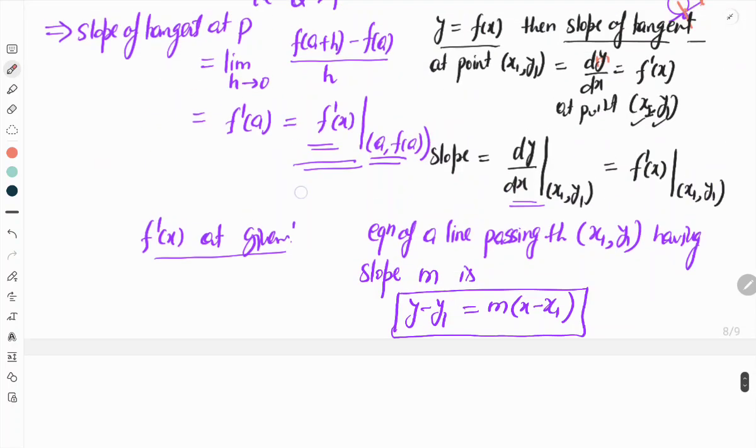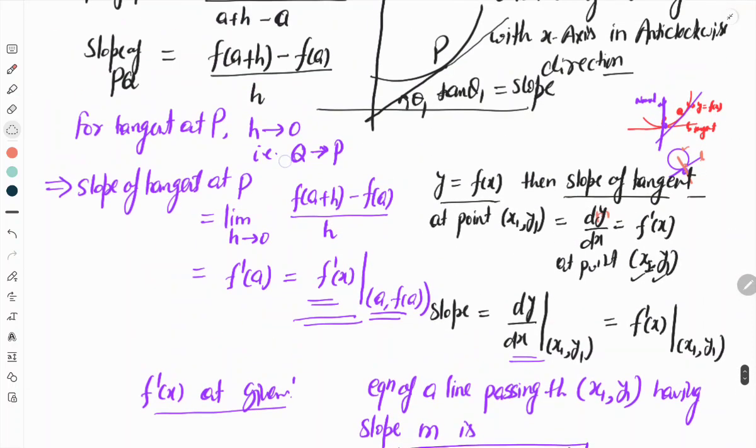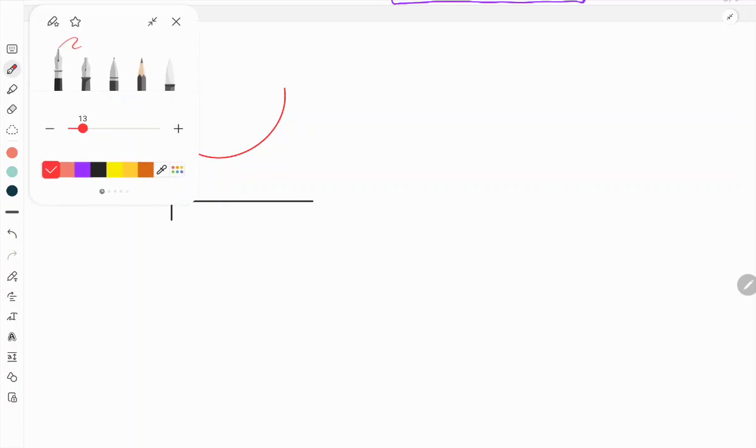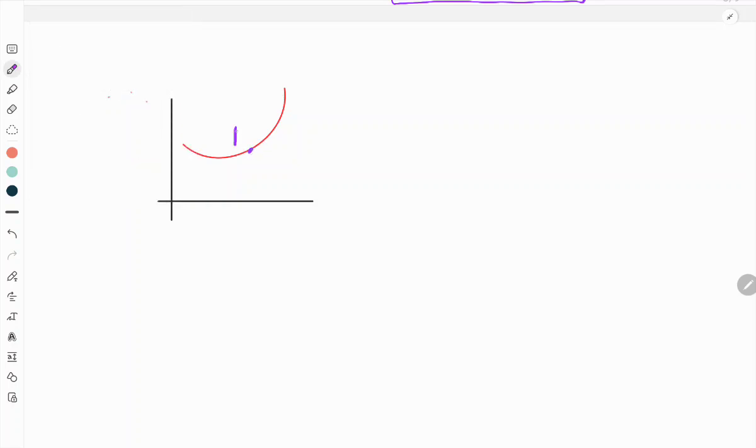Let's say this one is the x-axis, this is the y-axis, and here I am taking a general curve. Over this curve I am taking a line at point P (x1, y1), such that this line is just touching the curve at this point.